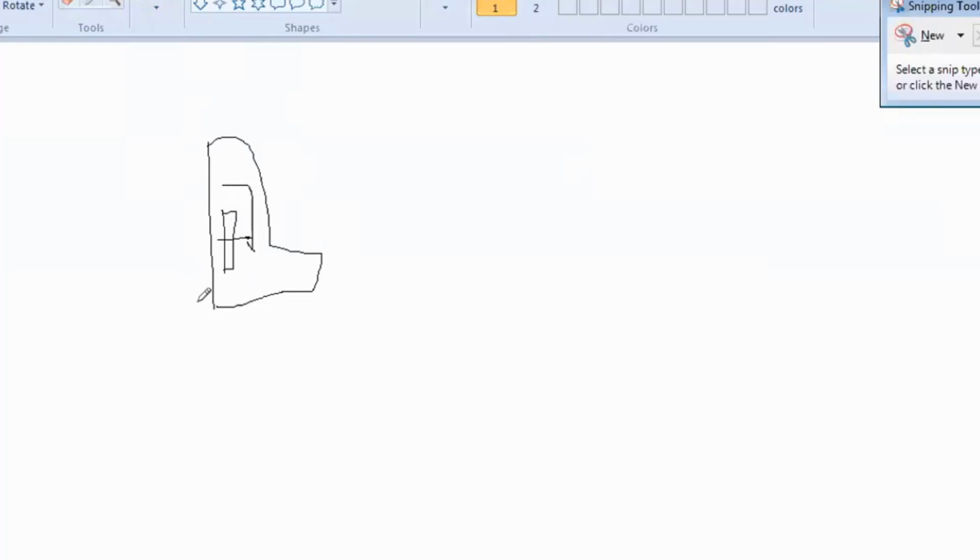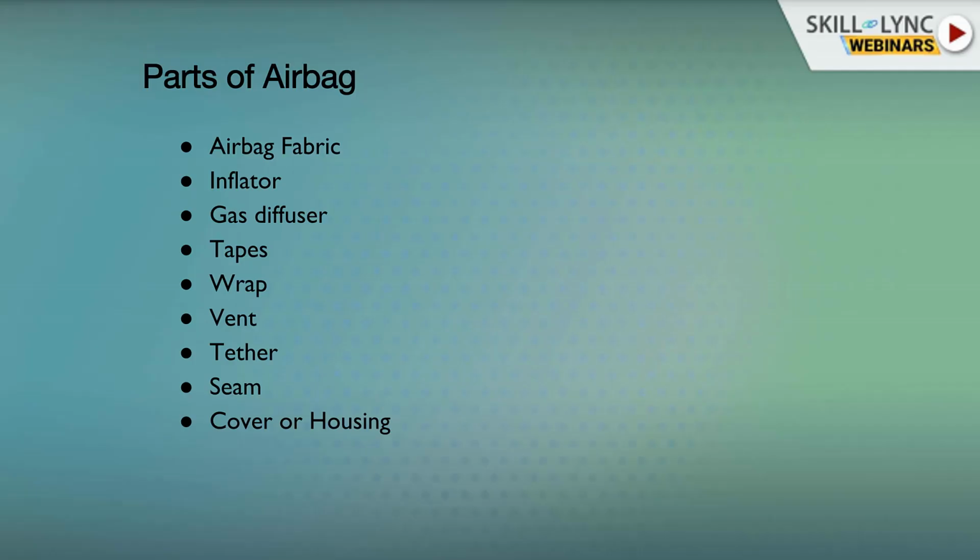Here you don't have a housing, but the folding still has to be intact. So in this region you cannot use a plastic housing. What you generally use is a fabric housing, and that is what we call the wrap.